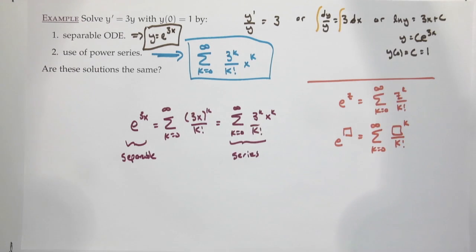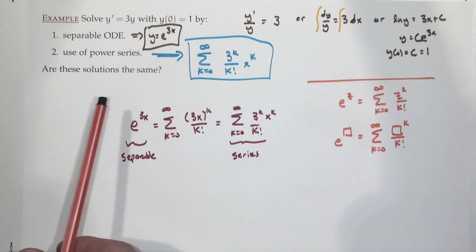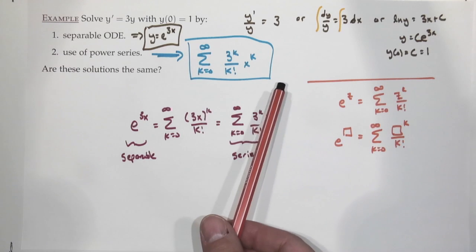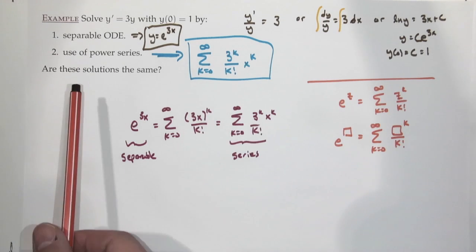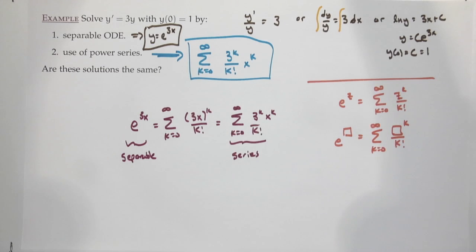All right, so they're the same. So look, now we see, aha, we could have solved this by separable, but now we can solve it by power series. We'll probably keep solving it by separable in this case. Why use a longer process when a simpler process works? Okay, any questions?